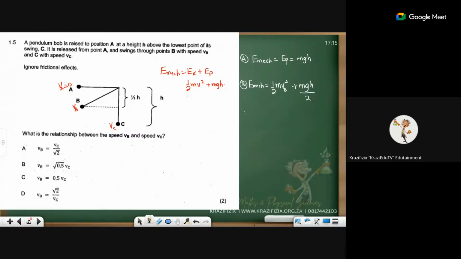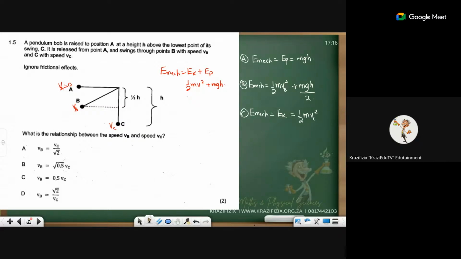What about at C? It's only going to be kinetic, half mvc squared, because all the potential energy has now been converted to kinetic. As the height reduces, potential energy decreases, and when the object is moving down, velocity increases, therefore kinetic energy increases.